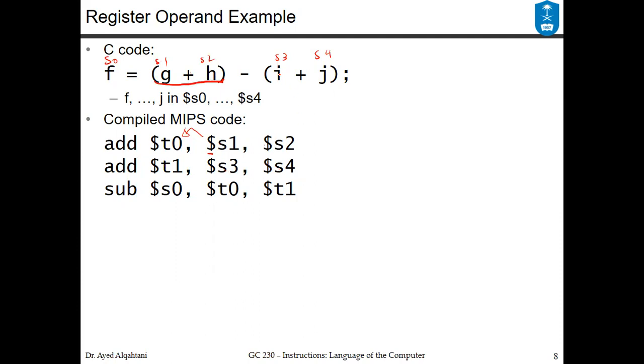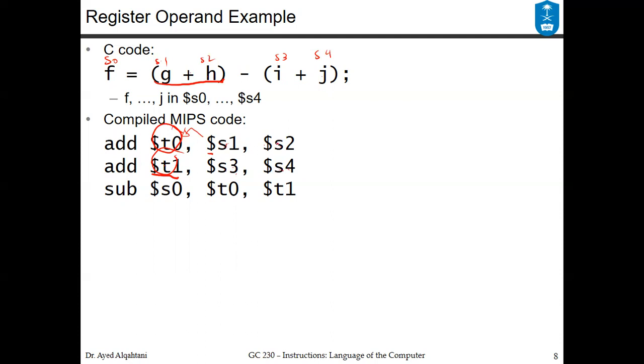S3 and S4, that's I and J. You add them and you put them in the temporary value T1. Notice we use temporary values. Those are important to us because they keep the original variables from the high-level language. So we kept them and we saved them in those registers. Now, we use a temporary register that helps us in the calculation, because this is a long statement and the assembly has only 3 operands.